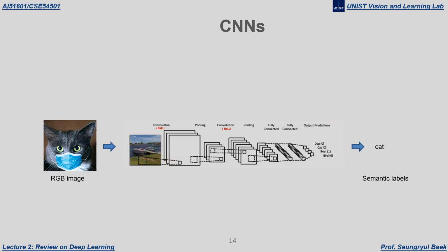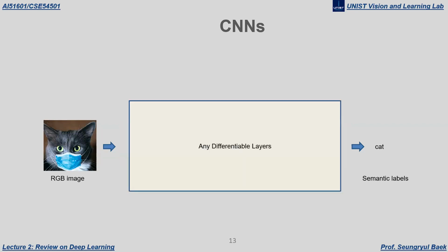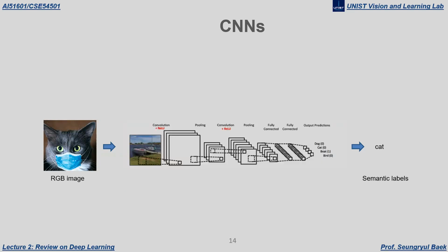That's why the CNN was built. They also observed by experiments that CNNs work very well for image processing, the image classification task. Any differentiable layers could be here between the RGB input and the class labels, but CNNs were proposed because their operation is differentiable and at the same time efficient for processing 2D images.